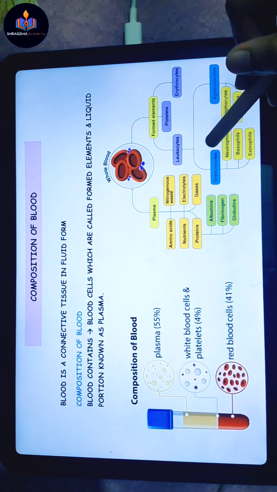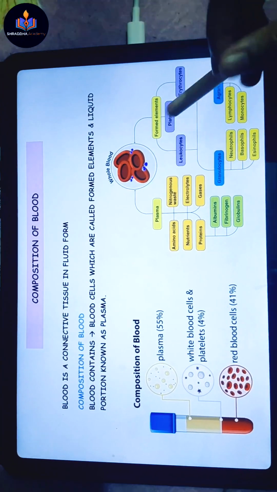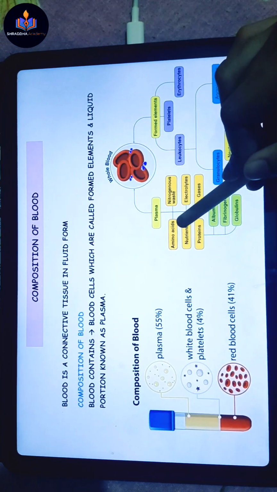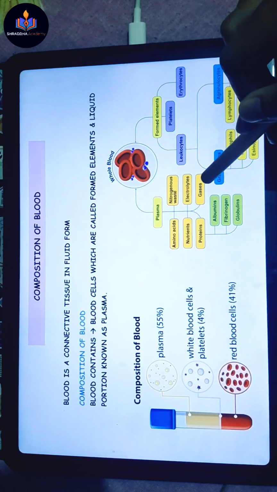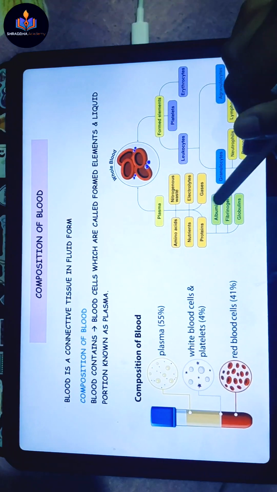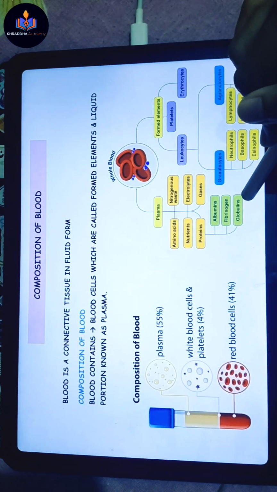Granulocytes are neutrophils, basophils, and eosinophils. Coming to the plasma, there are totally six components: amino acids, nutrition, proteins, gases, electrolytes, and nitrogenous waste. In the proteins there are again three types: albumins, fibrinogen, and globulins.